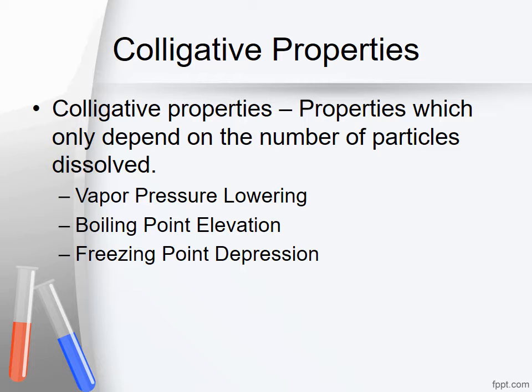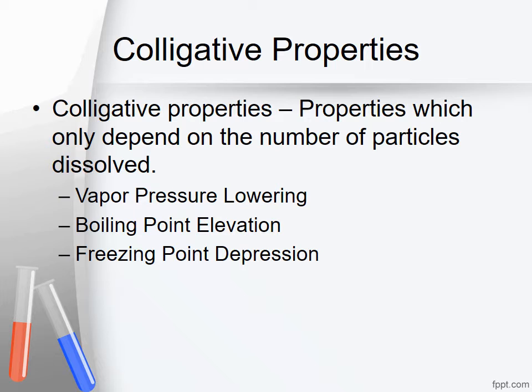Now, you may not know the terminology before, but you have done all of this. For instance, you can make water boil at a higher temperature by adding salt to it. So when you add salt to water when you're boiling it, not only are you flavoring what you're cooking, you're also increasing the boiling point of that water.